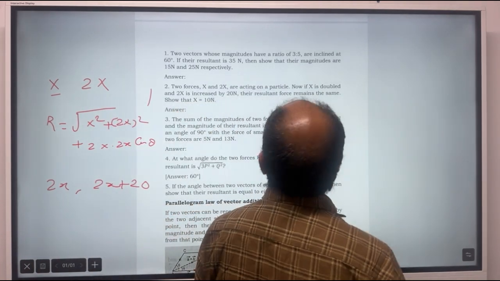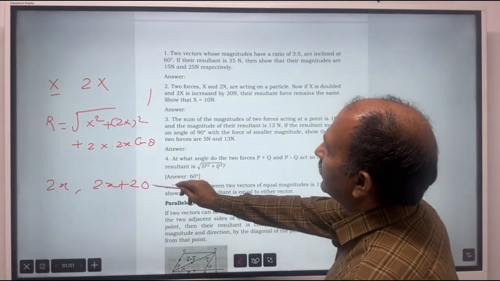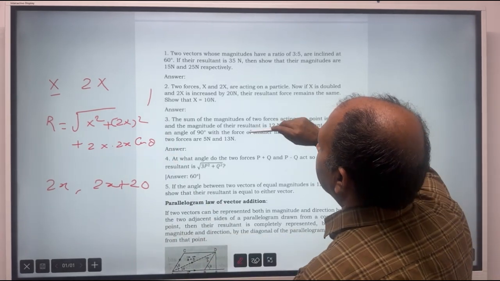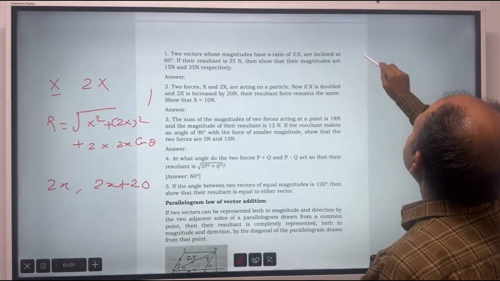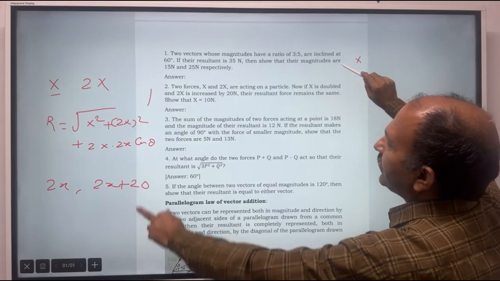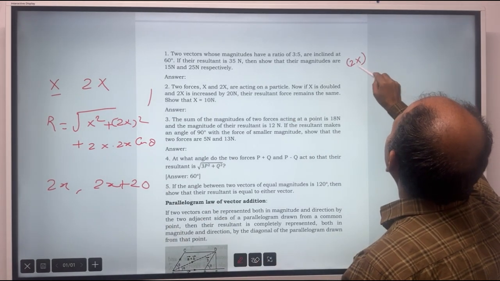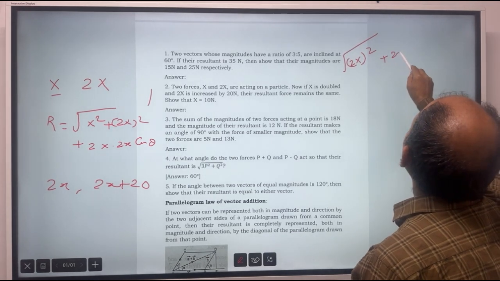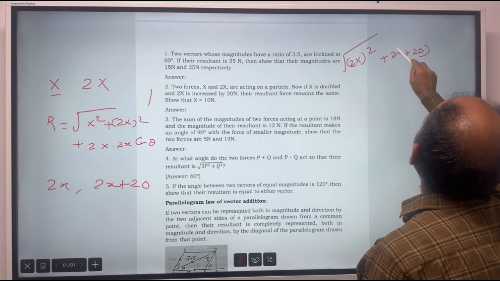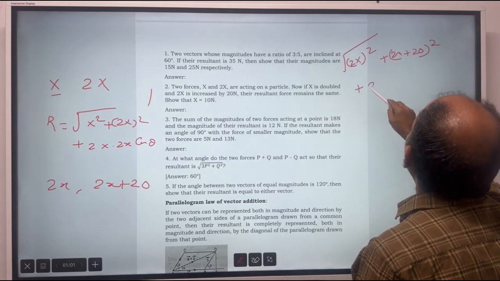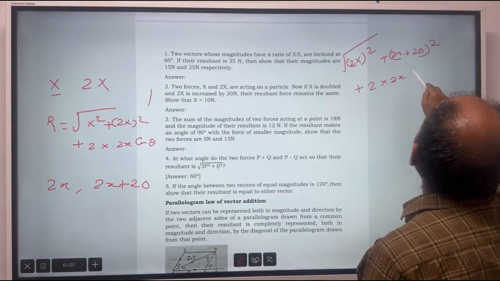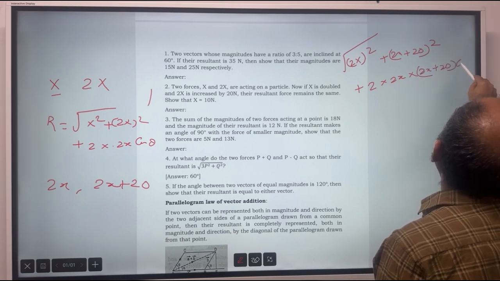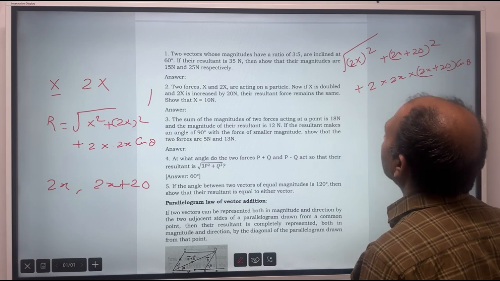So we can proceed, we can find the resultant of these two also, and then we can equate to get the answer. So the resultant of these two will be the square root of 2x square plus 2x plus 20 whole square plus twice of 2x into 2x plus 20 into cos theta.